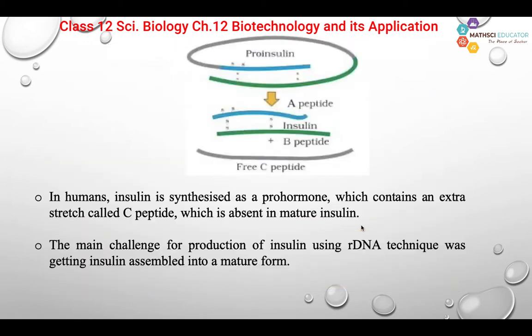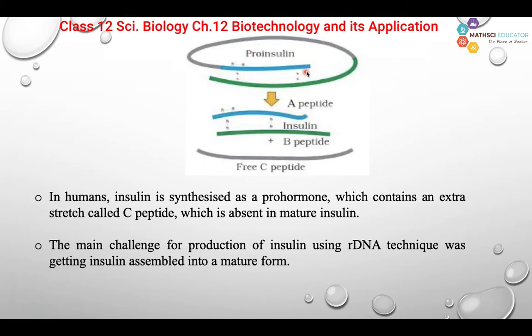As you see in this figure, in humans insulin is synthesized as a prohormone, like proenzymes, which contains an extra stretch known as the C-peptide. This one is the proinsulin.